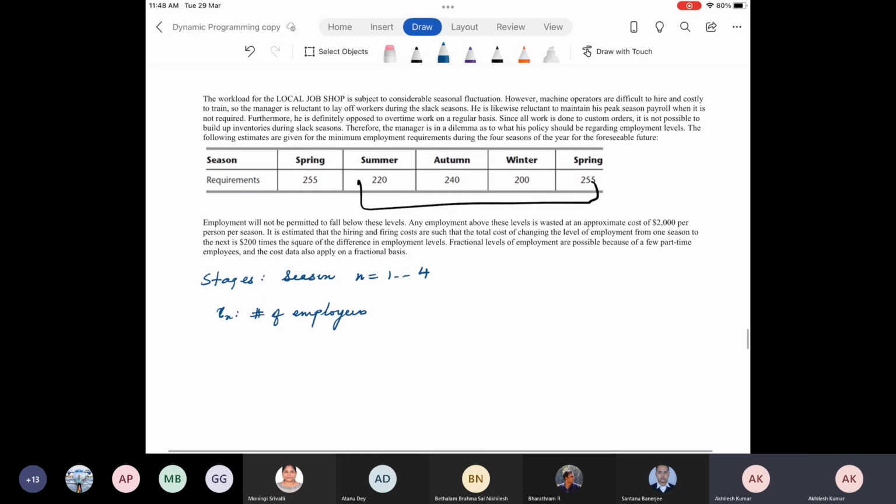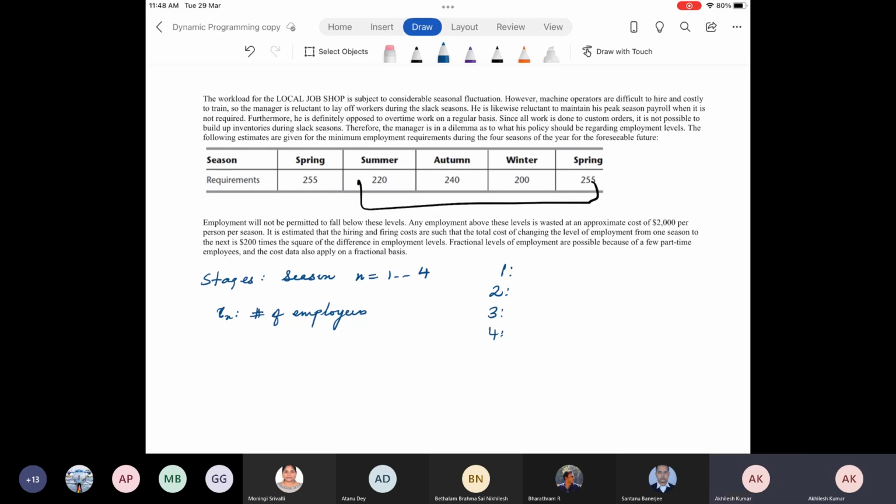Now look at the problem carefully and tell me whether season 1 should be summer or spring. Keep in mind Xn. What is the minimum requirement for season spring? 255.